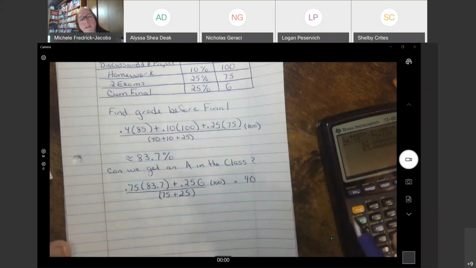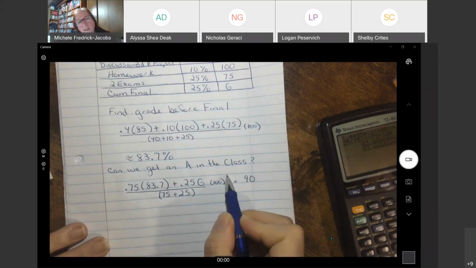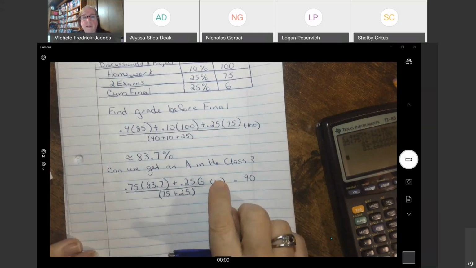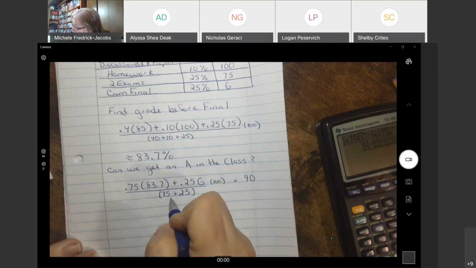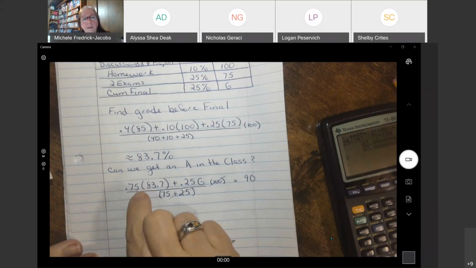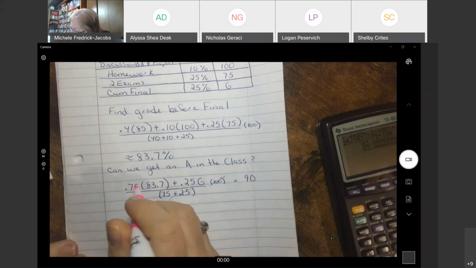And what's nice about this is, because it's 100, this one and this one will cancel. Because this is 100 and this is 100. You could cancel them. And then multiply these two together.